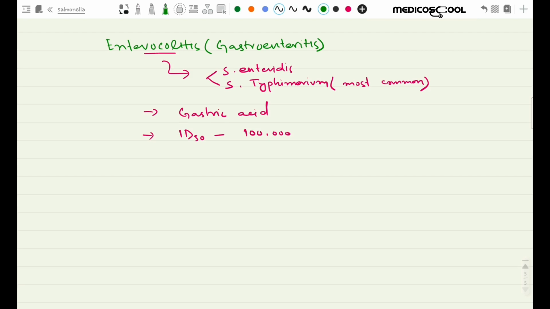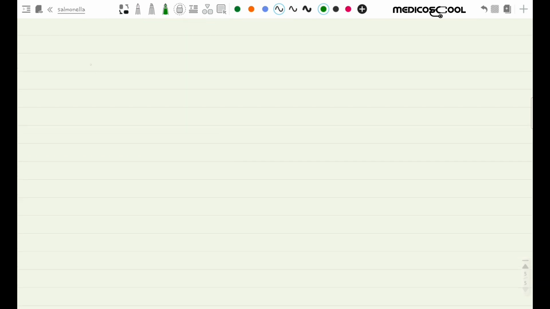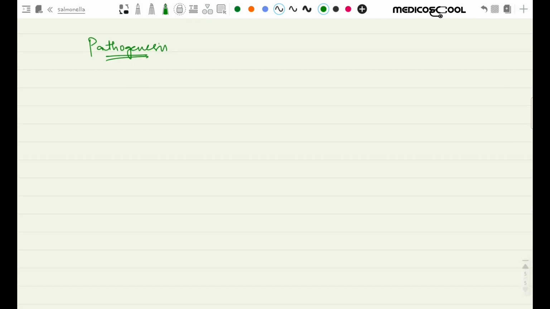Now, what is the pathogenesis? How do they cause the gastroenteritis? They mainly cause the gastroenteritis by causing inflammation, invading the mucosa and submucosa of the gastrointestinal tract. For example, this is the GI tract, this is the mucosa consisting of epithelium, and beneath this is the submucosa.